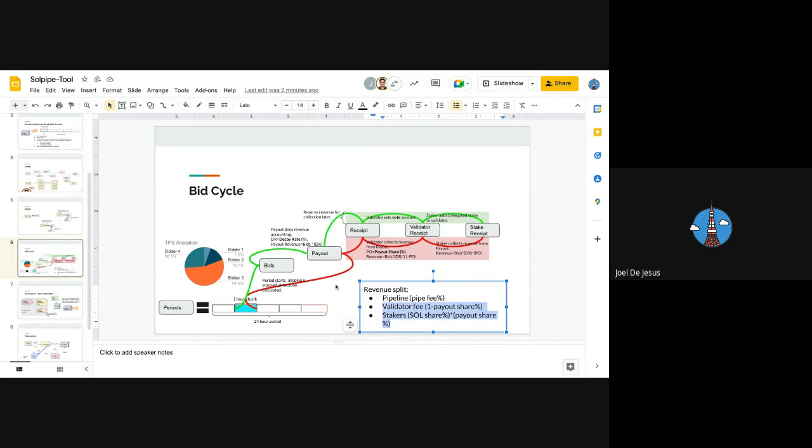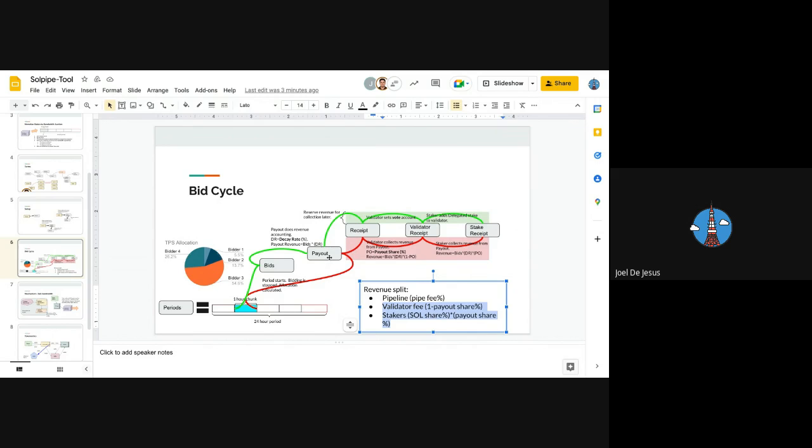So the stakers go to the payout first and say, here's my stake receipt, pay me money, and pay the validator money. And then through these transactions, the Solana program, vis-a-vis the payout account and stake receipt account, will pay the bid revenue. So the USDC money will go to the stake receipt and to the staker.